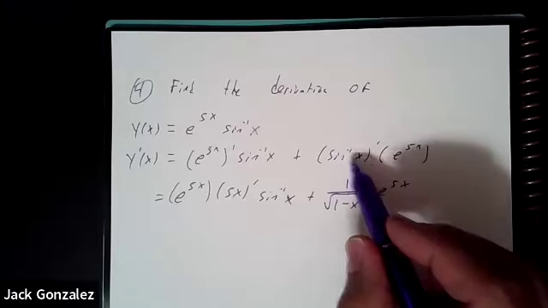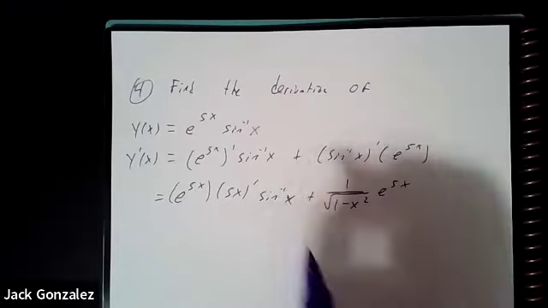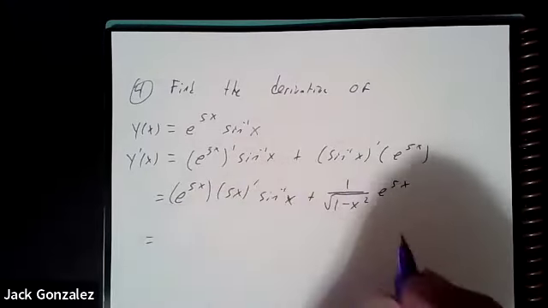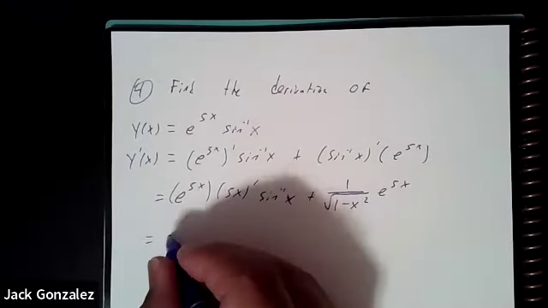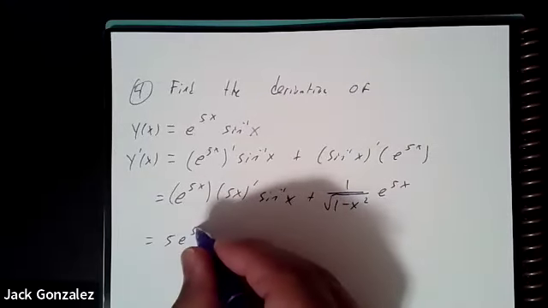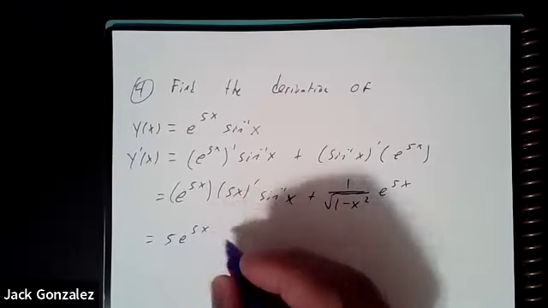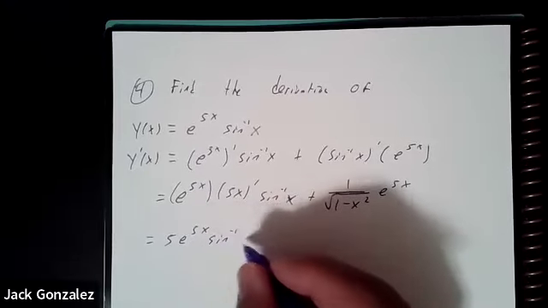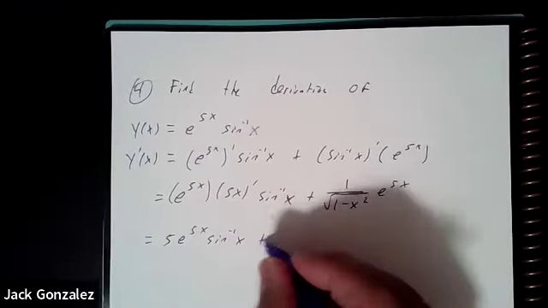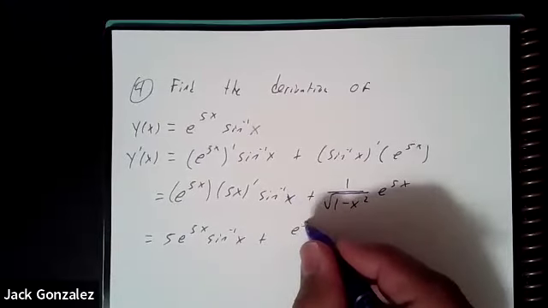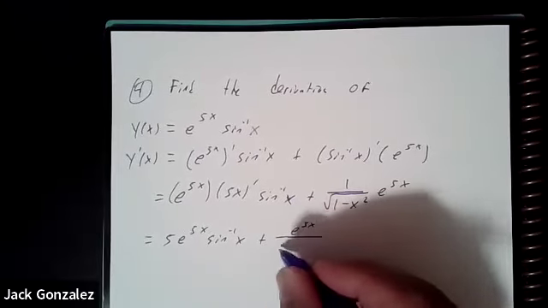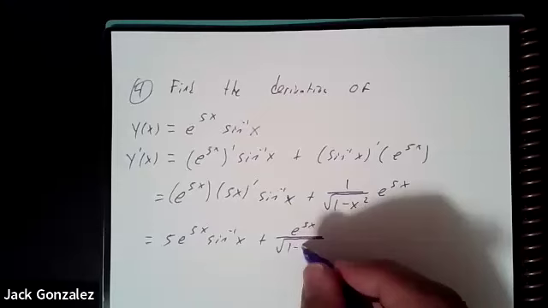So derivative of the second times the first. This will become 5 e^(5x) sine inverse of x, plus e^(5x) over square root of 1 minus x squared.